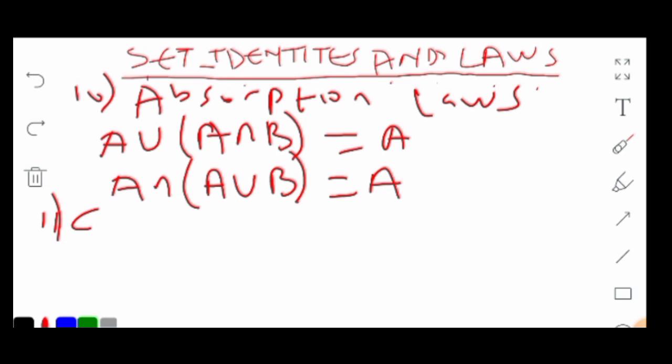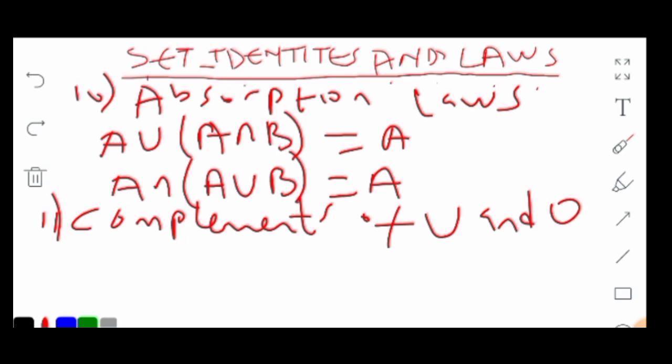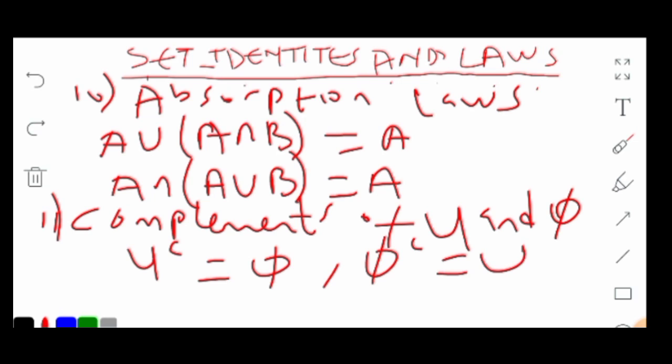Next one, complement of universal set and empty set. So what does it say? Universal set complement always gives us the empty set, and empty set complement always gives us the universal set. So they are interrelated.